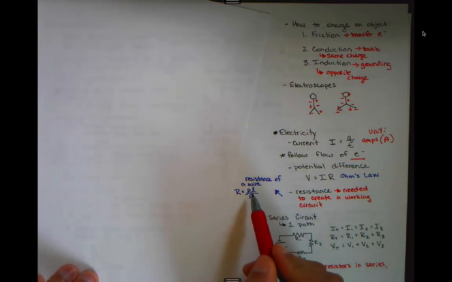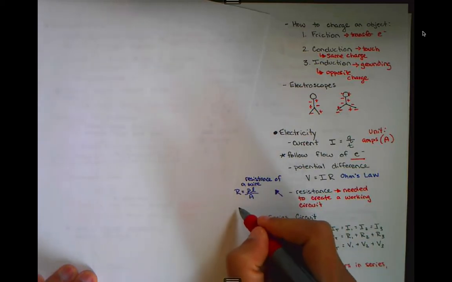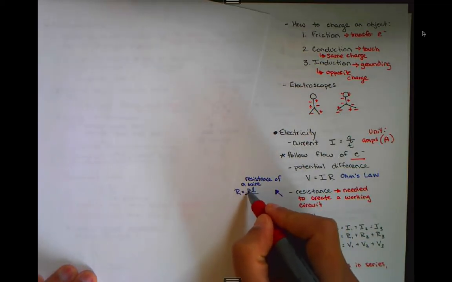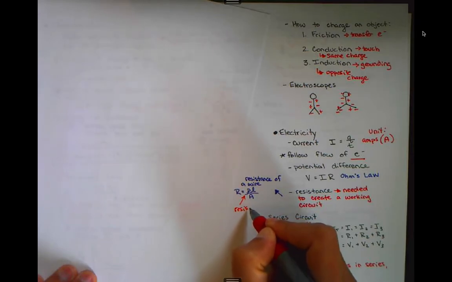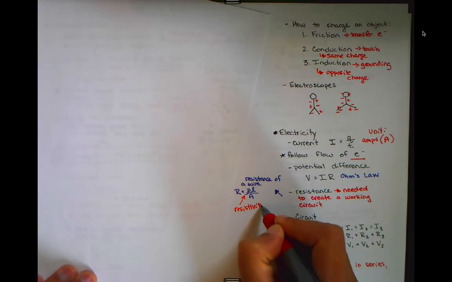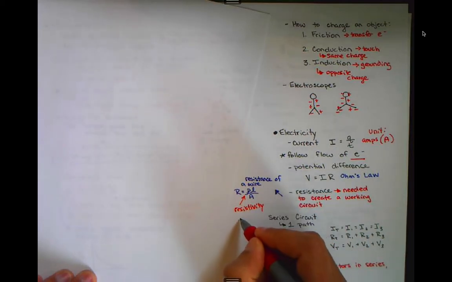The other thing we quickly looked at was the resistance of a wire itself. So remember, that has to do with the resistivity, and that depends on the material. You have a chart of resistivities on your reference table. But the resistance is directly related to the length and inversely related to the cross-sectional area.